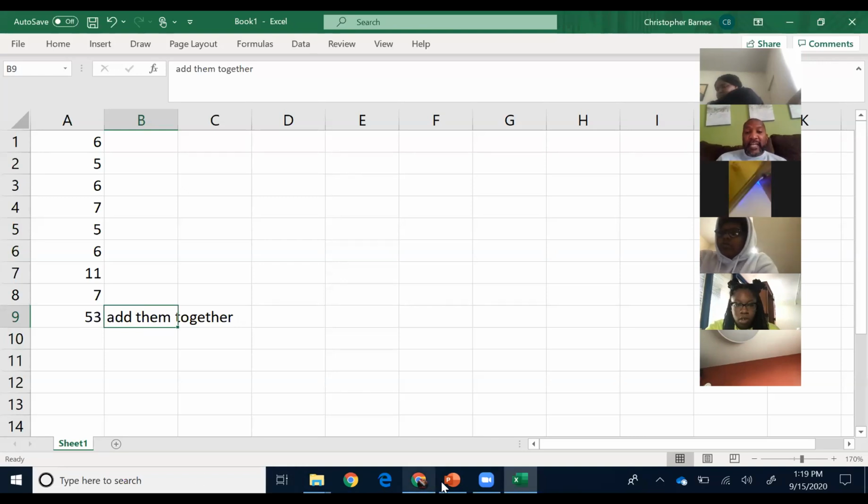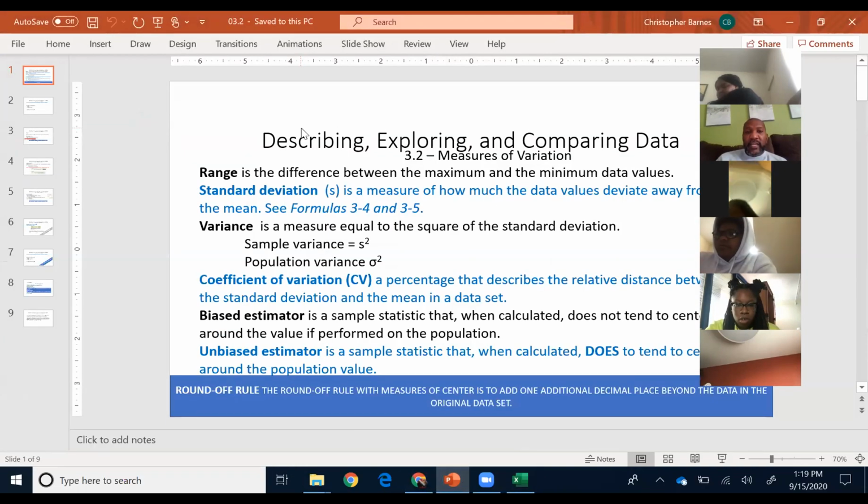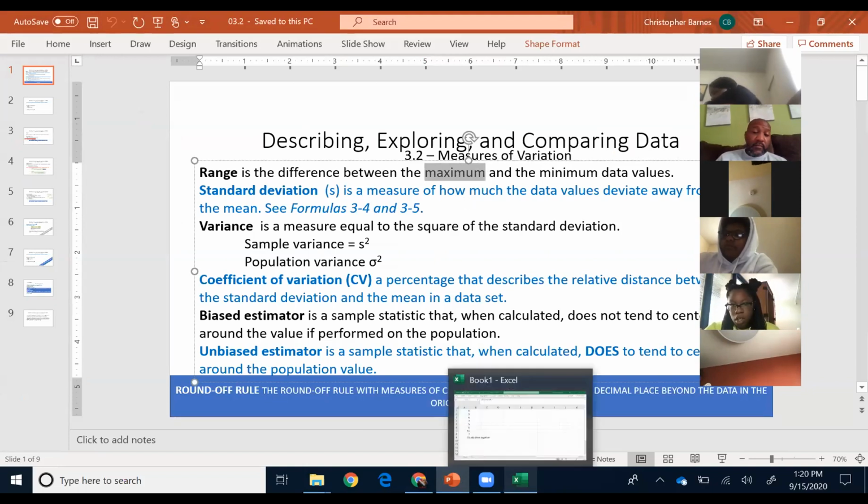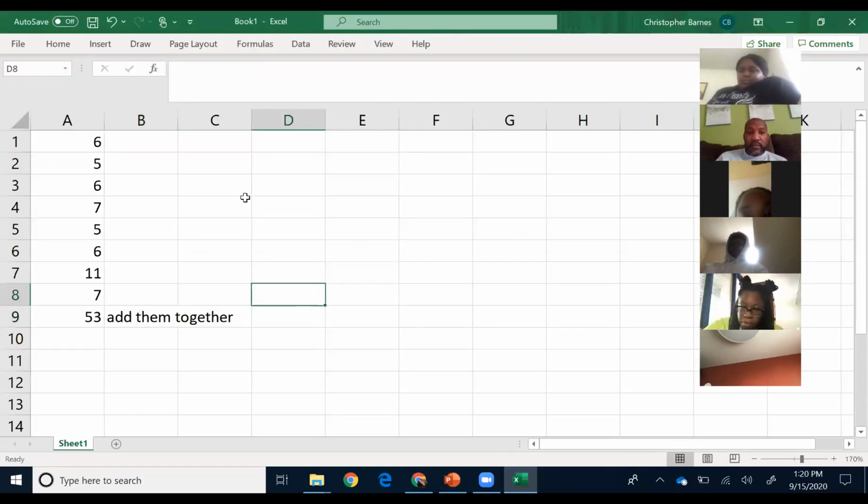I'll go back to the slide because that's what we're doing today. What's that right there? Y'all see that? Wait, do y'all not see that? Maximum. Okay, the maximum, and that's the largest value. What's the smallest value? Minimum.